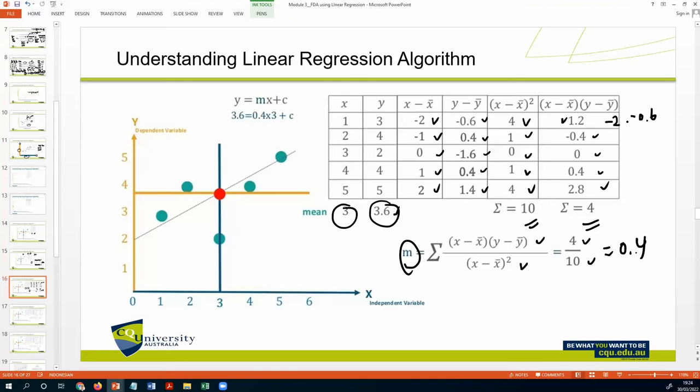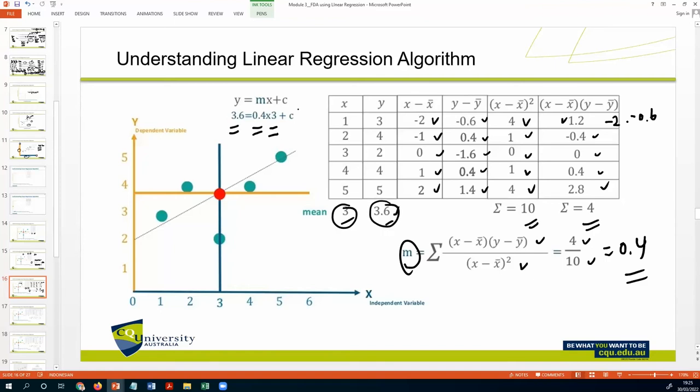Okay, good. And then, what about the constant? When we have the beta 0.4, we put it here. And then the X mean is 3, we put it here. And then the Y mean 3.6, we put it here.